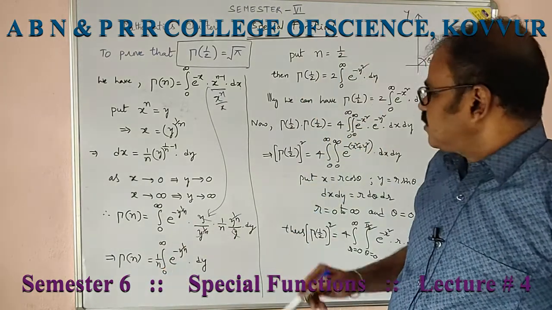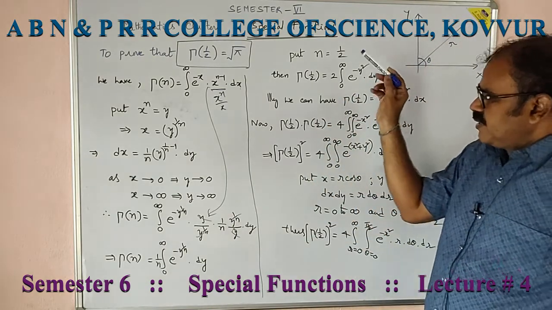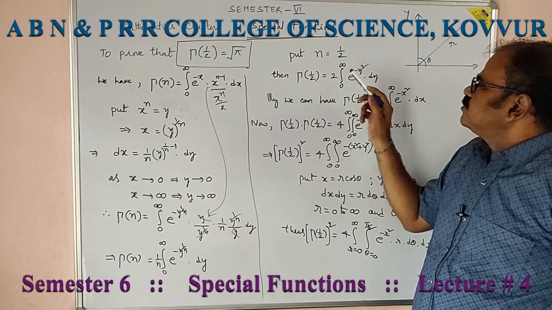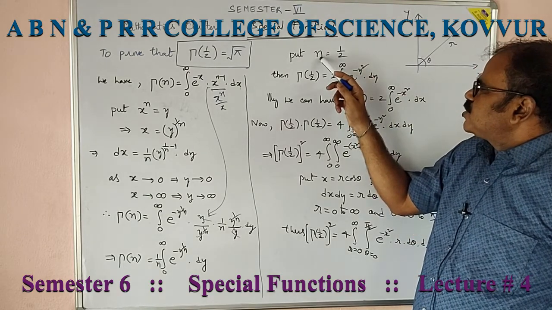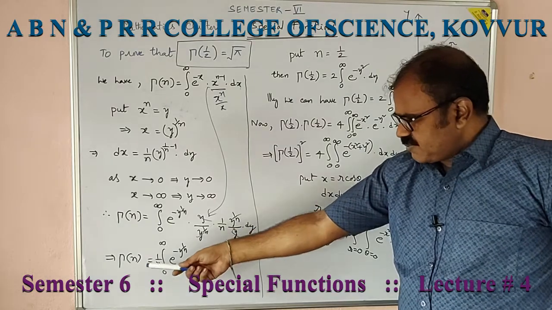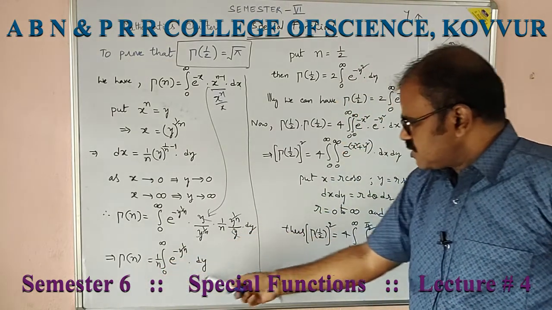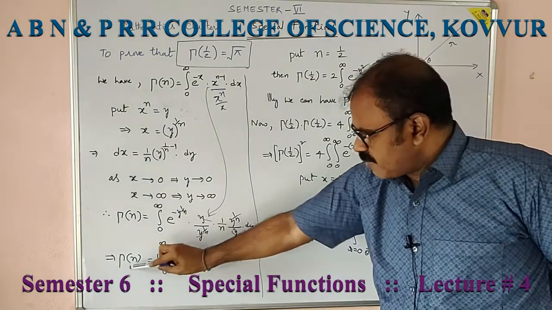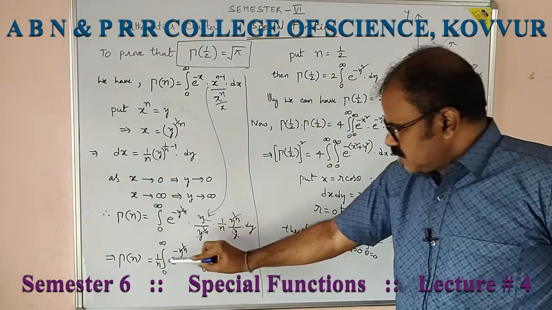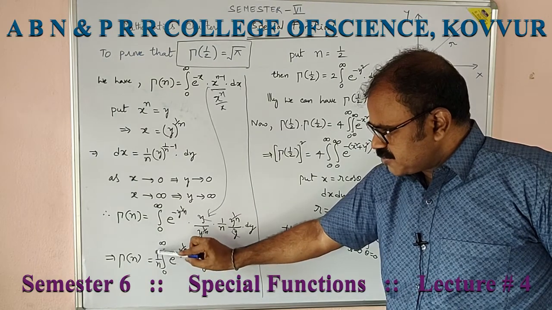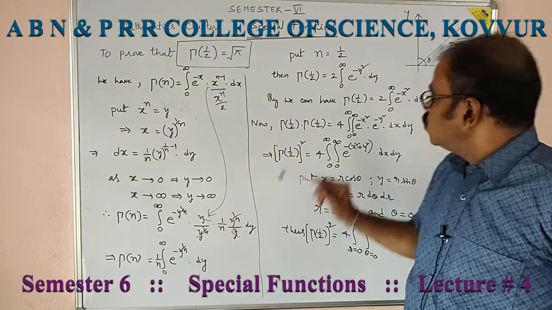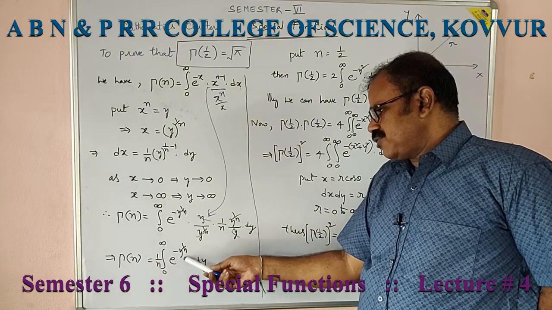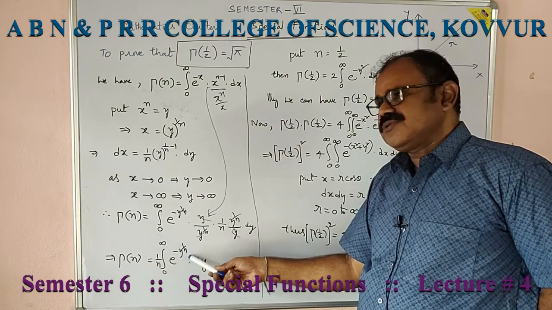In place of n, we shall take 1 by 2. Put n is equal to 1 by 2 in this equation. So gamma 1 by 2, with 1 by n equal to 1 by 1 by 2, that is 2, into integral 0 to infinity e to the power of minus y to the power of 1 by 1 by 2, that is 2.